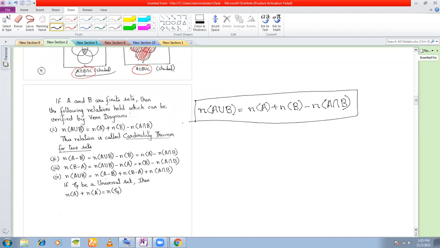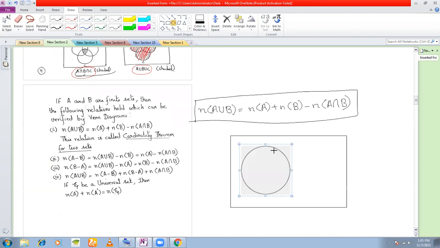Now very easily you can check this cardinality theorem. Let's say A and B are two overlapping sets. Okay, look at the right hand side and the left hand side. A union B: which part represents A union B?